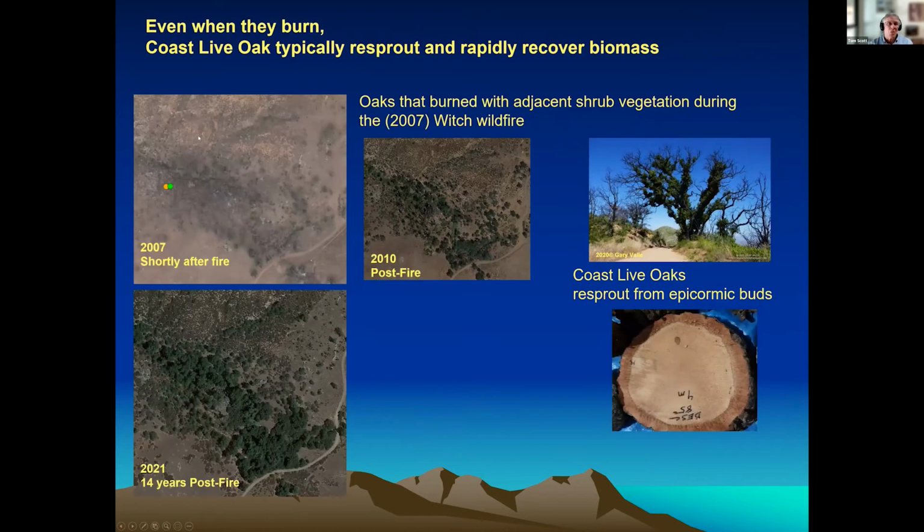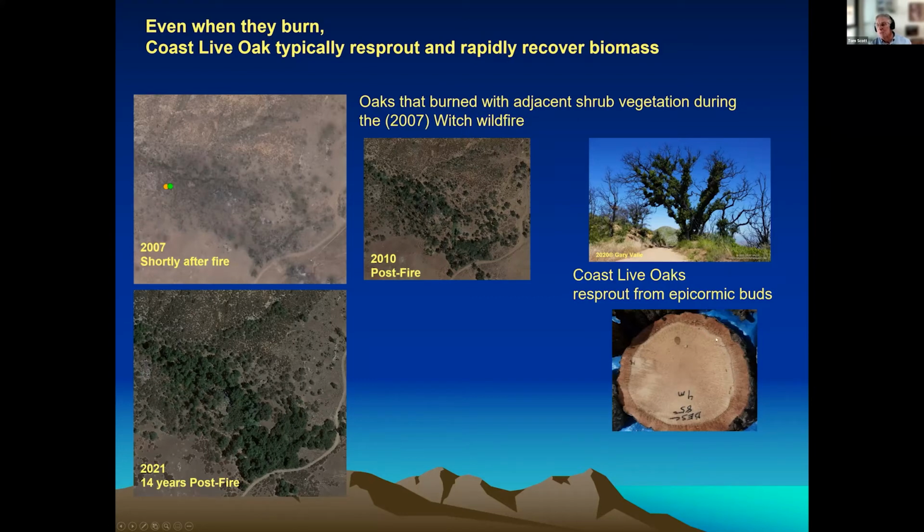So here's that same woodland I showed you though, and it's pretty much burned and destroyed. But only two years later, you can already see oak canopy starting to emerge. And by 2021, which is only, I've got to do my math, only 14 years later, you have a canopy which has returned to the point where you could never tell it was a fire. How does that happen? Well, again, having this really thick bark system means that the cambium is protected.